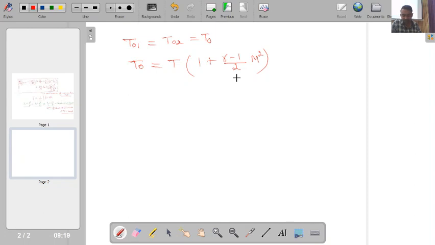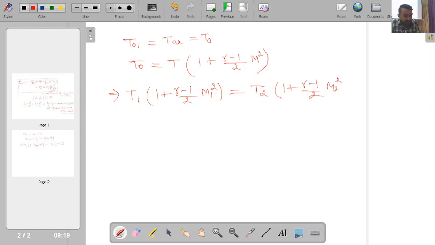So, because T01 equals T02, I can say that T1 times 1 plus gamma minus 1 by 2 M1 square equals T2 times 1 plus gamma minus 1 by 2 M2 square.